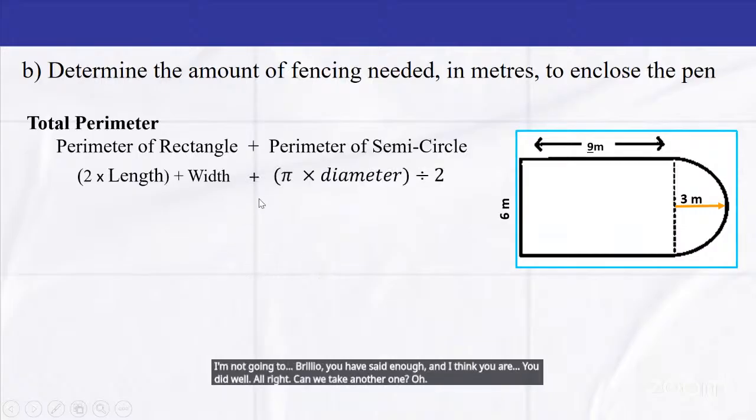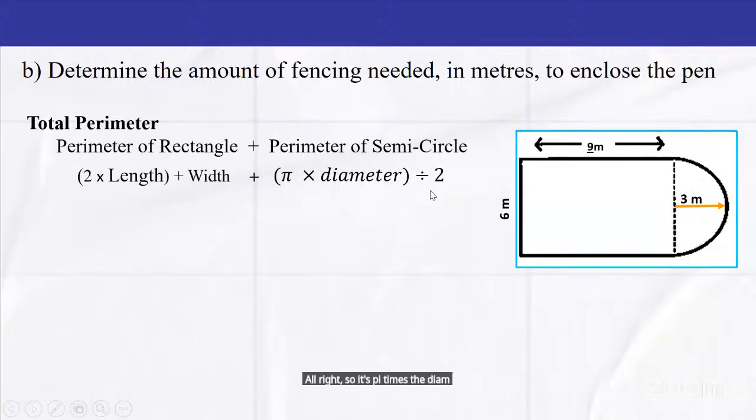All right, can we take another one? Oh my, I clicked and it came up. All right, so it's pi times the diameter, and we are dividing by 2. But I really wanted to hear the explanation. What is pi times diameter? What are we finding here? What does it represent? Anybody?